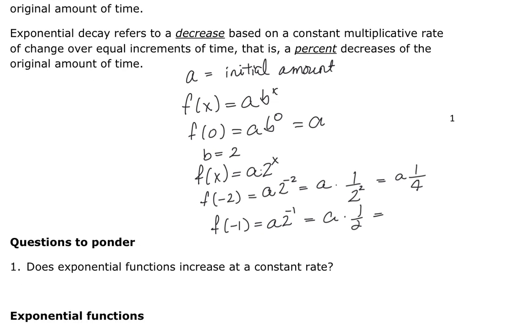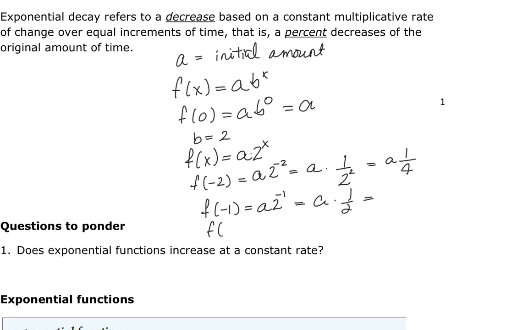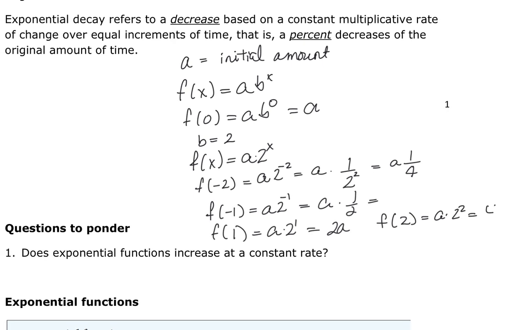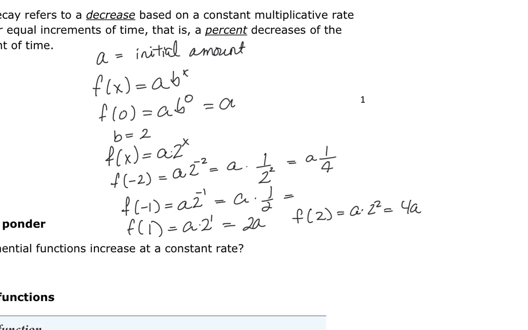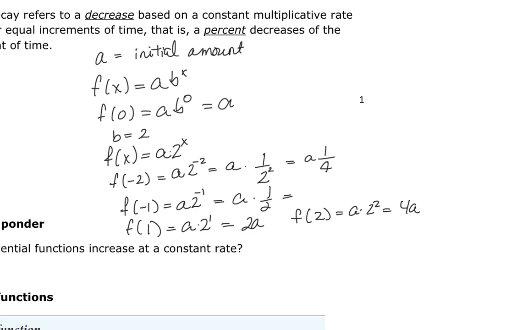We know what f of 0 is. And then f of 1 is just a times 2 to the 1, which is 2a. And f of 2 is a times 2 squared, which is 4 multiplied by a. And you can see, when we're talking about a percent increase, that when I put in negative 2, I got 1/4 of a.